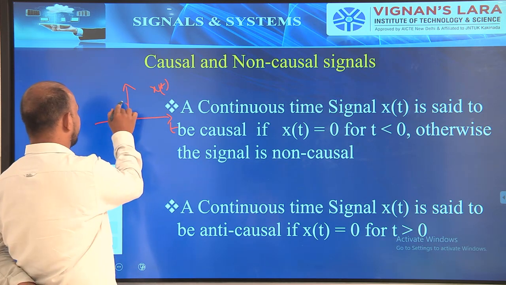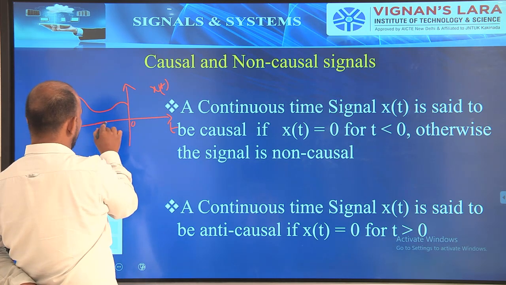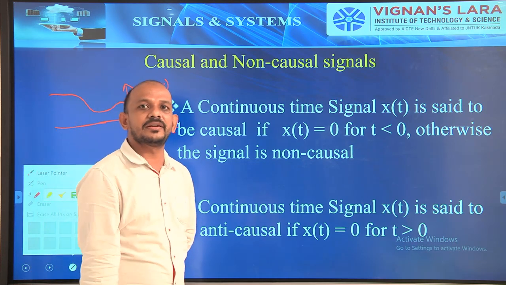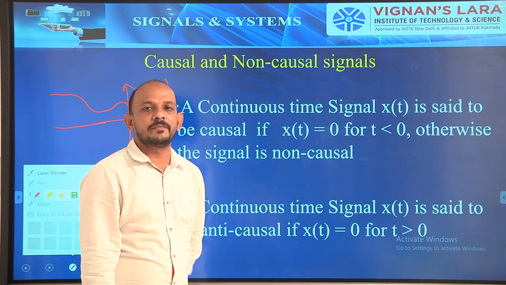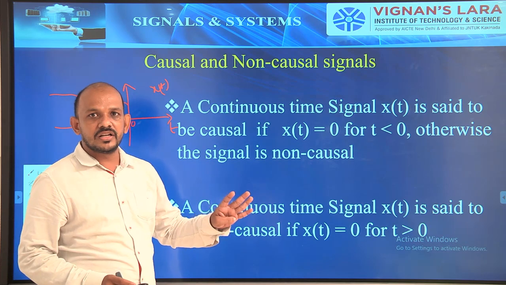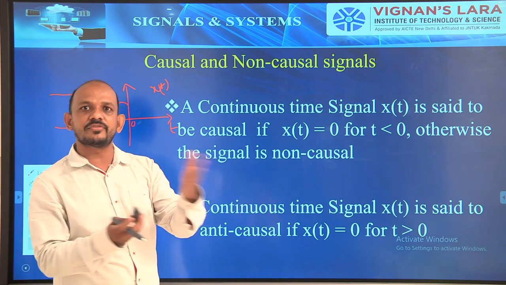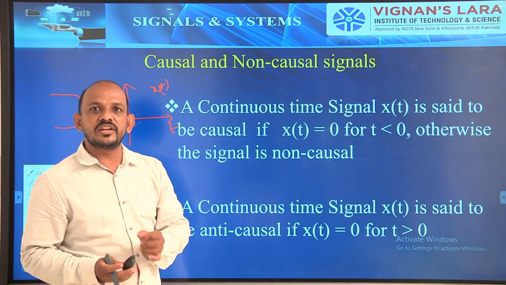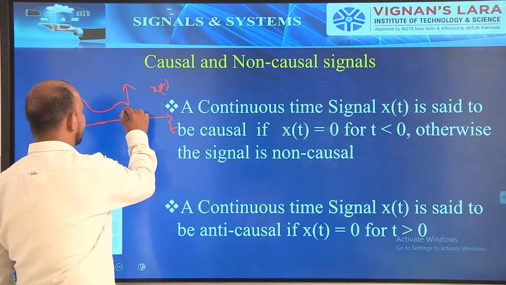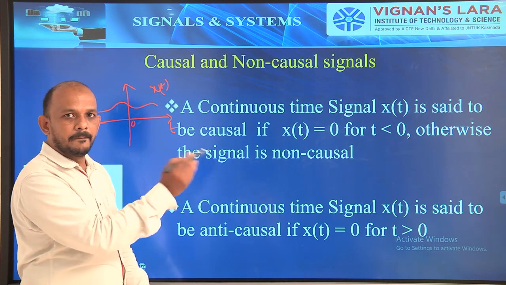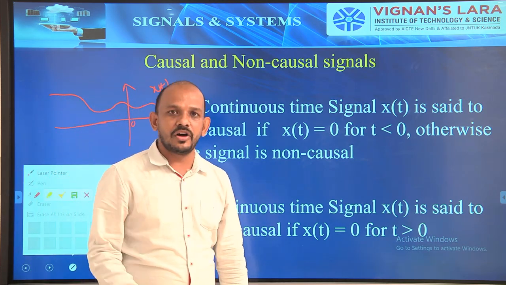If a signal is present like this, only on the left side, then that is anti-causal. So you have three types: causal, non-causal, anti-causal. First I explained causal, opposite to that is anti-causal, and non-causal is when the signal is present on both sides.